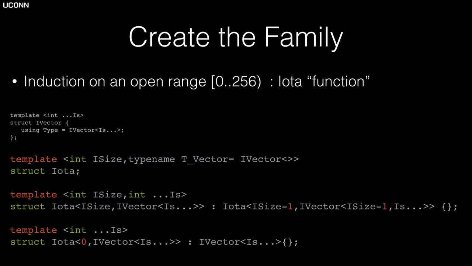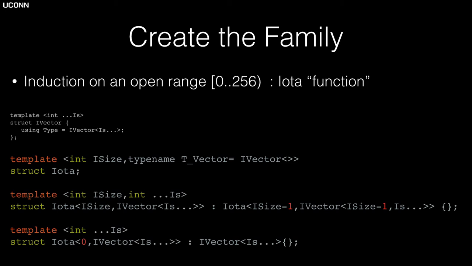Notice first that I'm defining struct iota again, but this time I'm giving you the implementation of the iota family. Iota has again two arguments. The first one is a size, the second is a parameter pack containing integers, and it's called IS. IS is a sequence of integers.